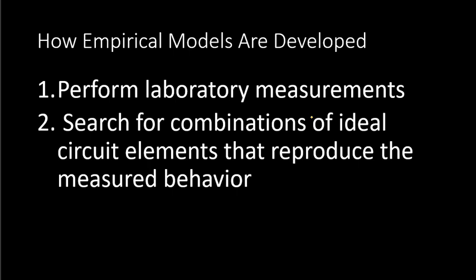To develop empirical models, say we have a new transistor. The first step is to perform laboratory experiments and take measurements. We measure things like the voltage, current, and operating characteristics under many different conditions.